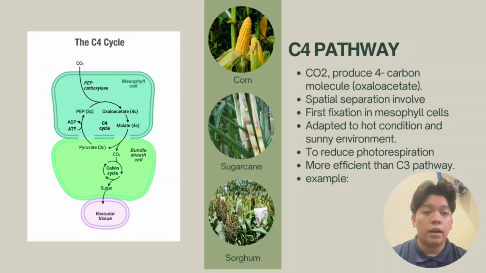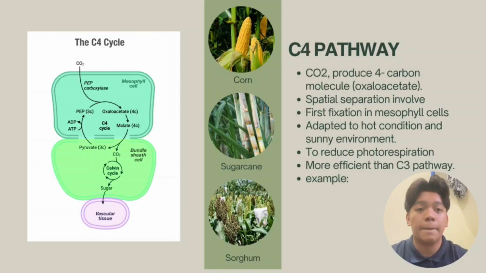C4 plants are adapted to hot and sunny environments. This pathway helps to reduce photorespiration, making it more efficient than the C3 pathway under high temperature.